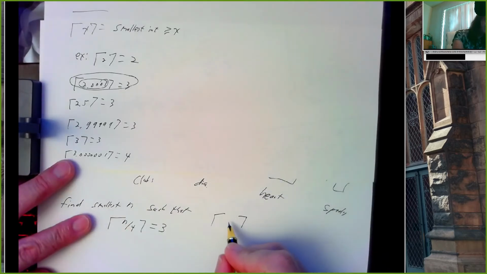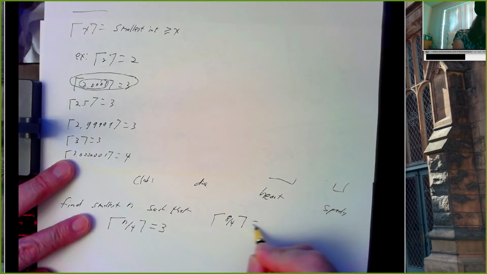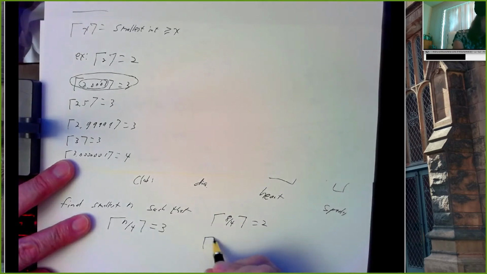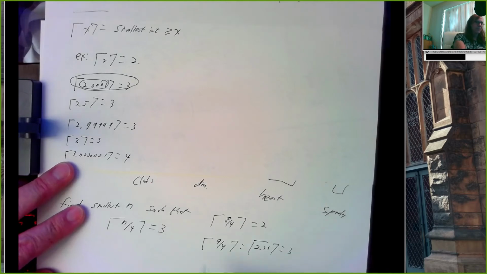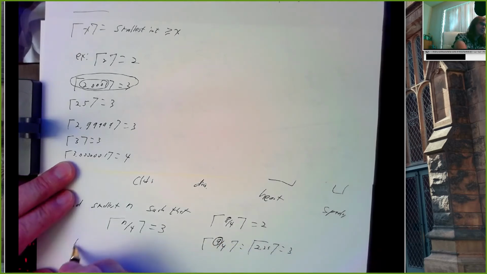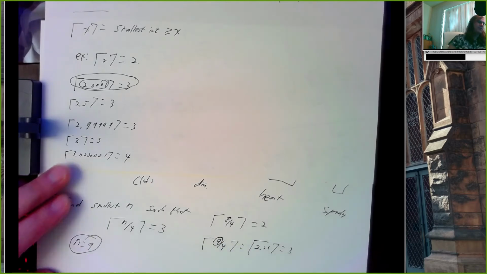So if n is equal to 8, ceiling of 8/4 would be 2. But if n is equal to 9, we'd have the ceiling of 2.25. That would go up to 3. And so this is the critical point, and so n equals 9.